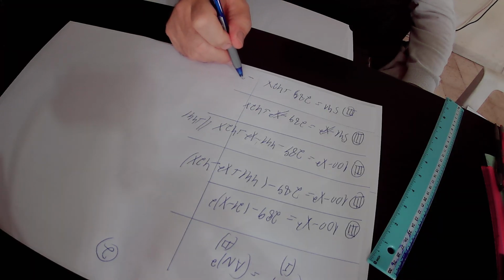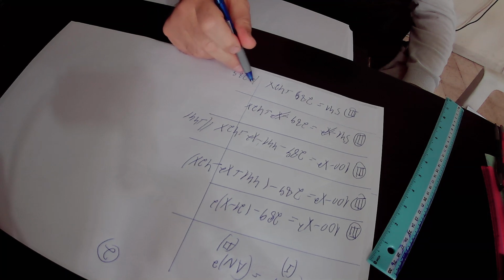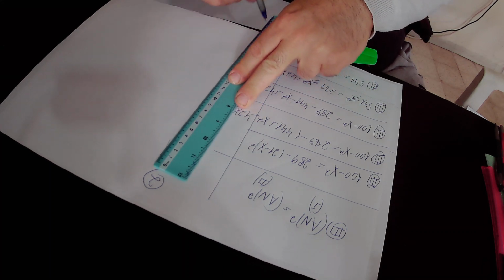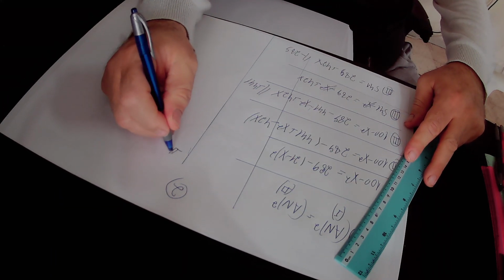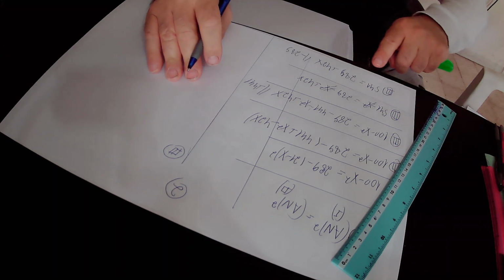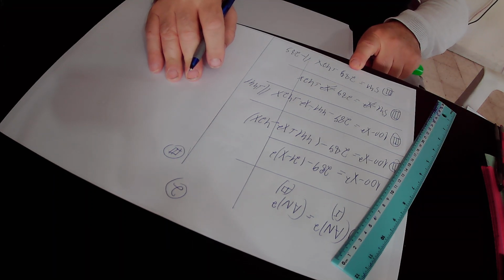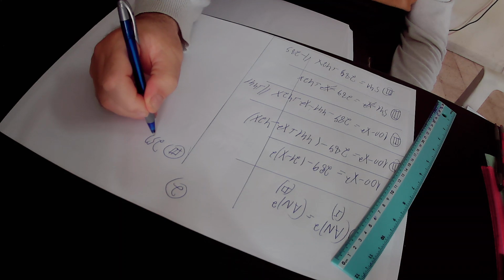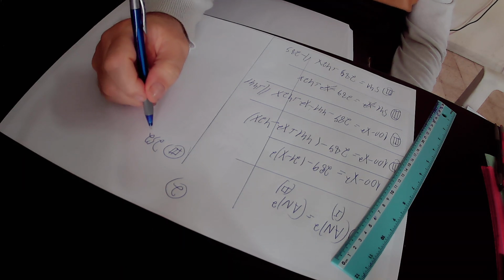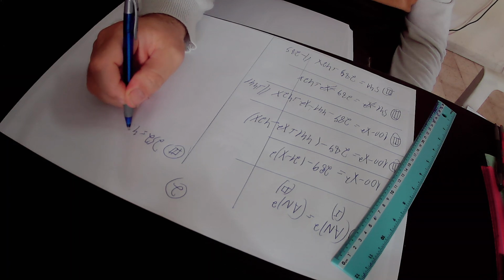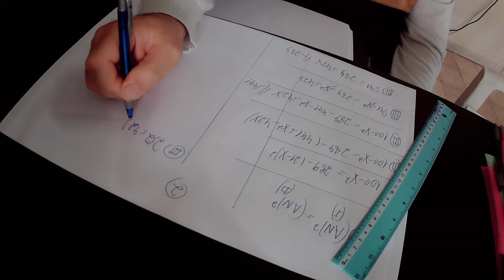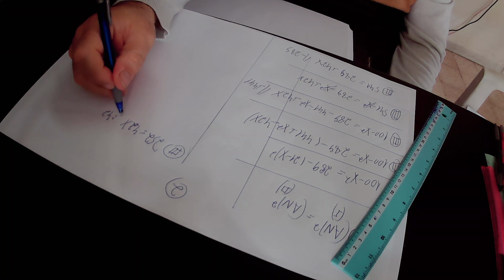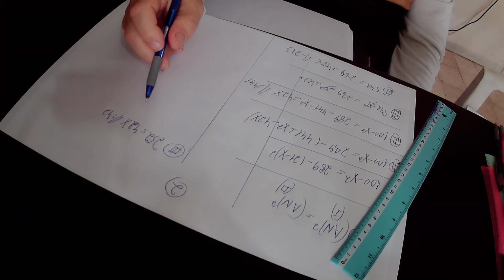Here we subtract 289 from equation 3, and 541 minus 289 is 252, so 252 equals 42x.